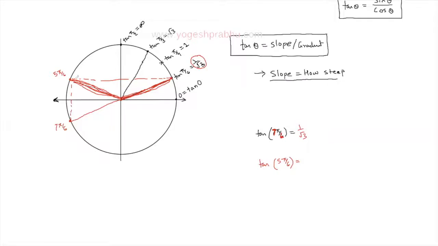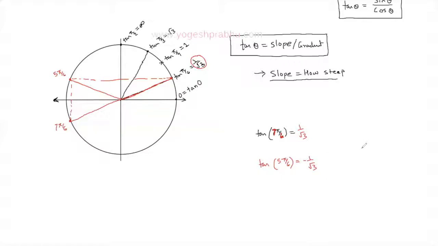And if both the lines have an equal slope, just that one is going in this direction and the other is going in this direction, the slope magnitude is the same, 1 by root 3, just that the direction is the other way around. So we say the slope of 5 pi by 6 is minus 1 by root 3. So let me write that. This answer is going to be minus 1 by root 3.